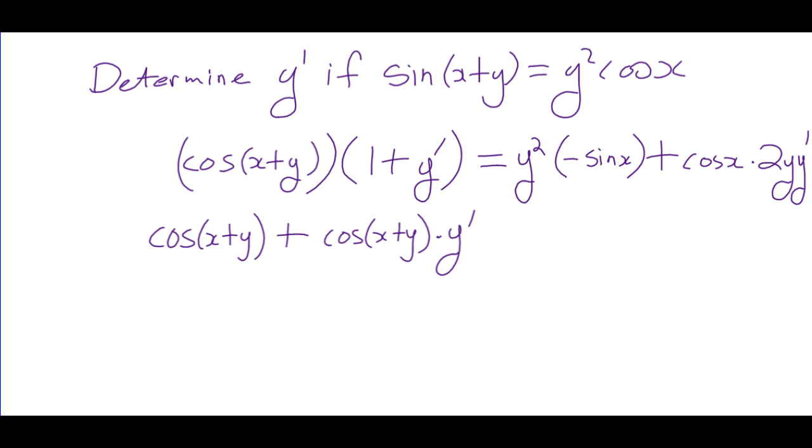So now we got a y prime term here, by itself, not as part of something. Is negative y squared sine x plus 2y y prime cos x. Or maybe let's do 2y cos x y prime.